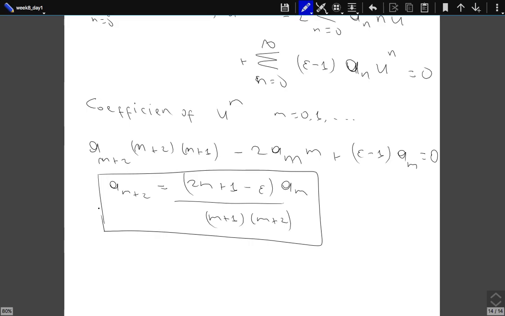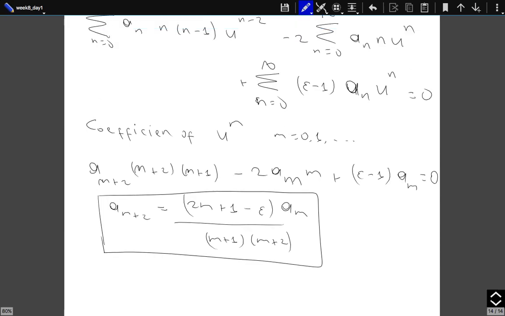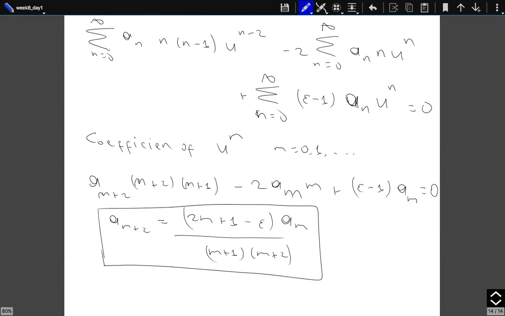Well, I'm looking for a second order differential equation. It should have two independent solutions. One will contain the odd powers, the other one will contain the even powers. So these are the two solutions I have.